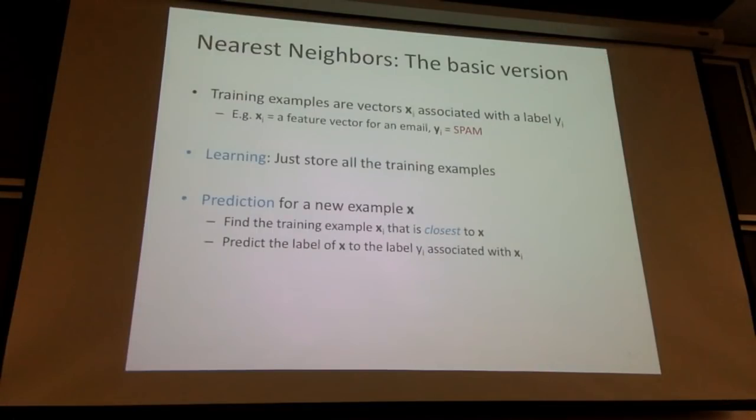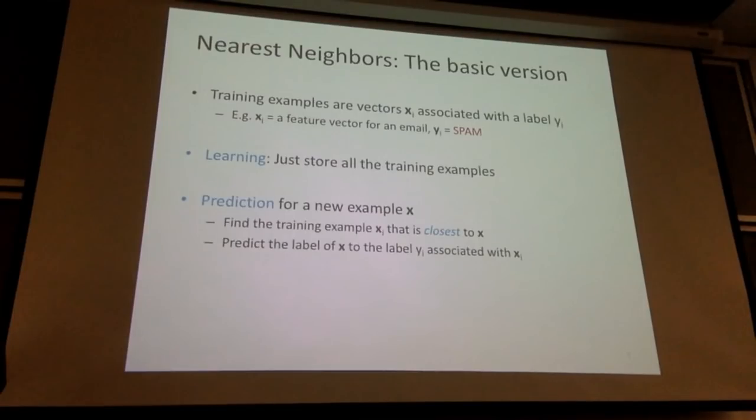The simplest version looks like this. Let's say you have some features and some labels, you have some training set. The learning algorithm for nearest neighbors is not particularly hard. You read the data and you store it somewhere. That's it. You store it in a database. Literally, remembering the training data is the learning algorithm.